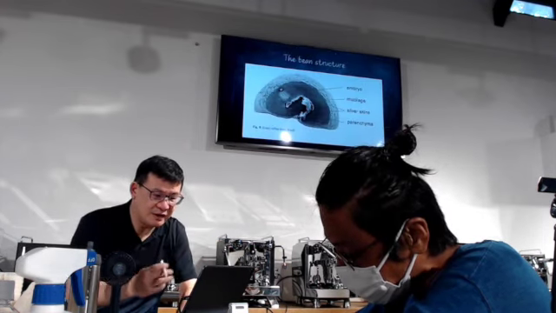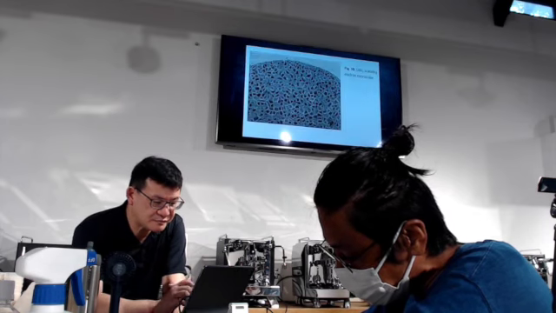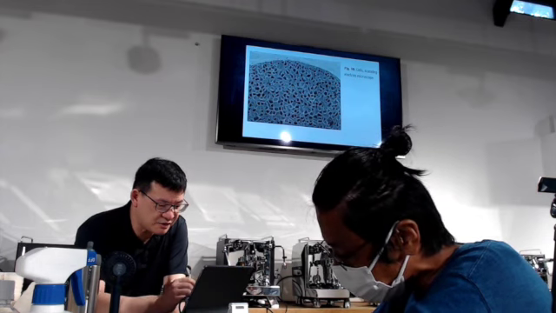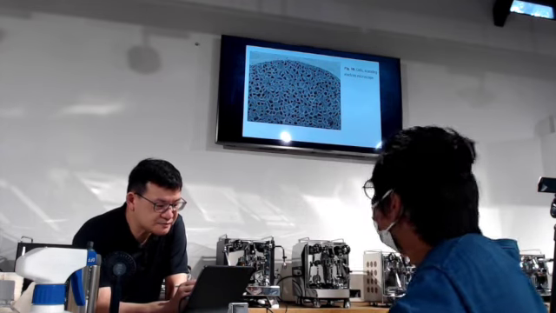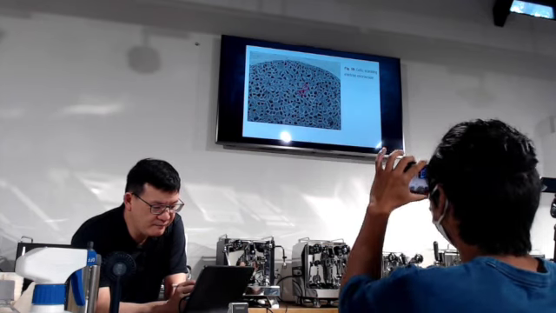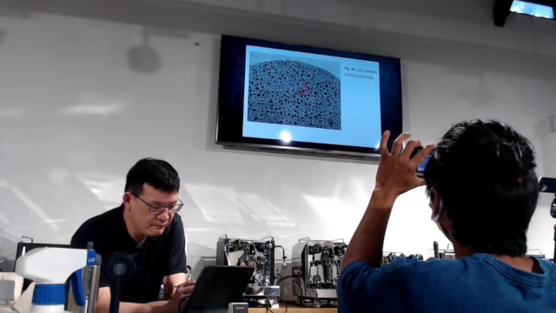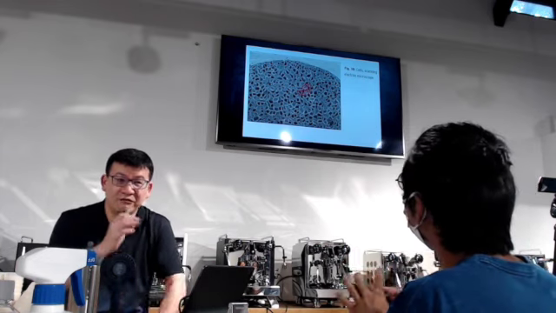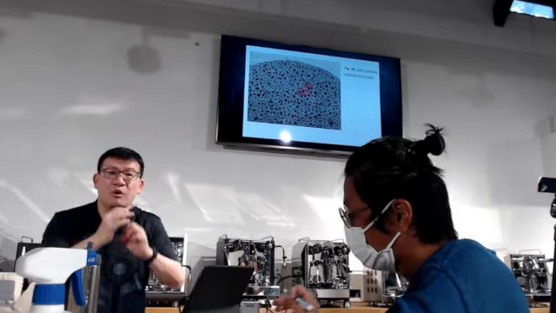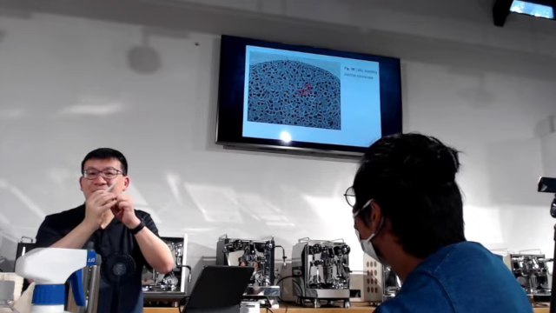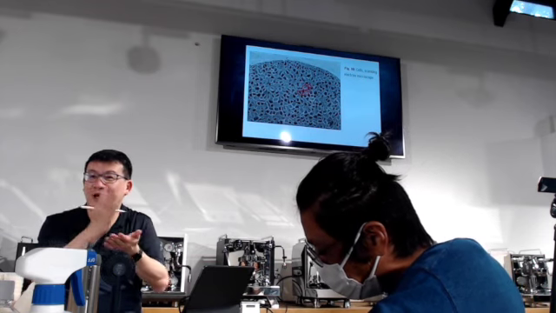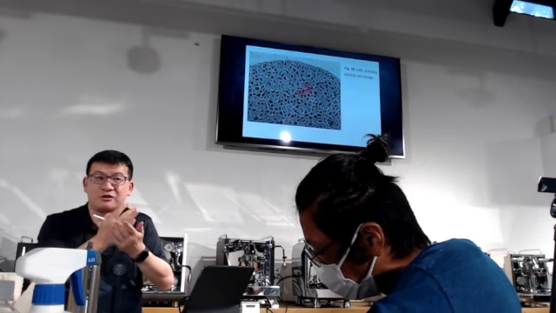You can see there are lots of cell walls dividing it into very small spaces. And those cell walls are very strong. Think about the green bean. You chew, it's very hard, so it's difficult to cut. So the structure is very strong.